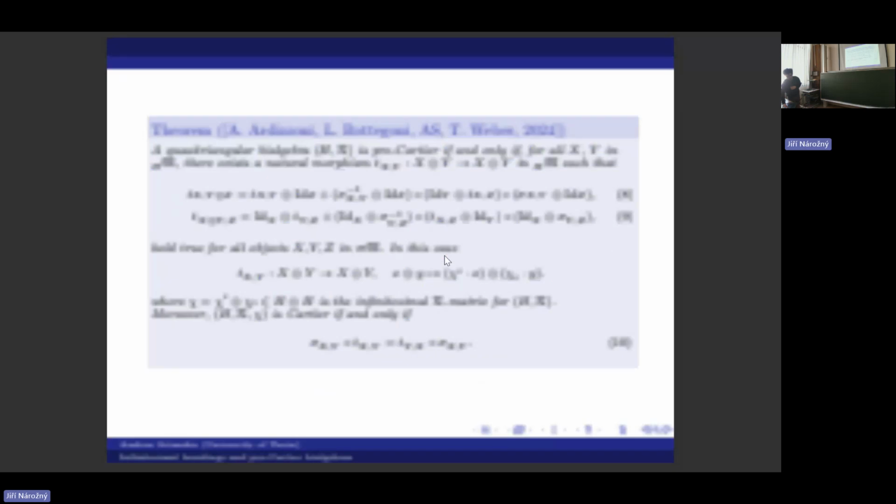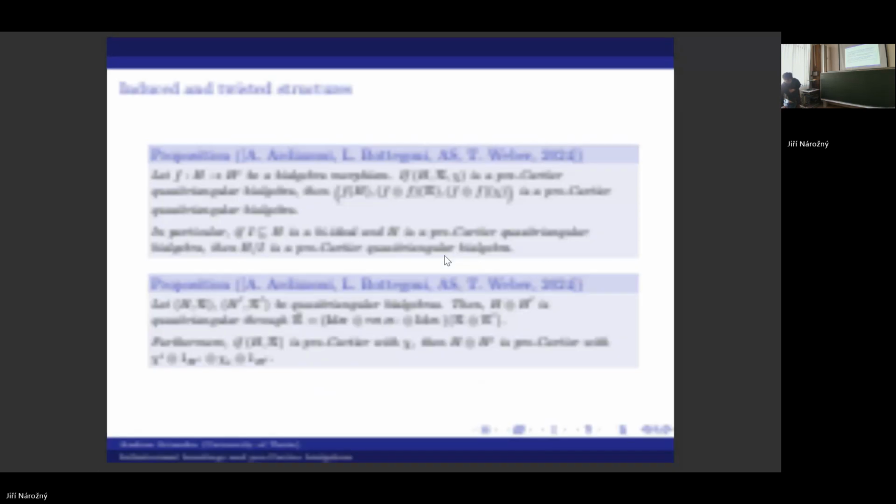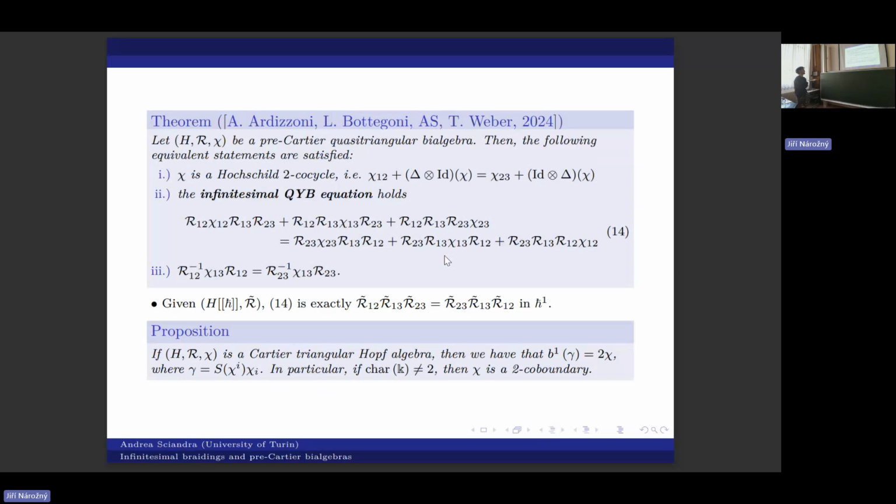So this is equivalent to asking that chi is a 2-cocycle and that the so-called infinitesimal quantum Yang-Baxter equation holds. And what is the infinitesimal quantum Yang-Baxter? In fact, it is exactly the quantum Yang-Baxter at degree 1 in h bar. If you consider the formal power series in the formal parameter h bar, and you look at the quantum Yang-Baxter at degree 1, it is exactly this.